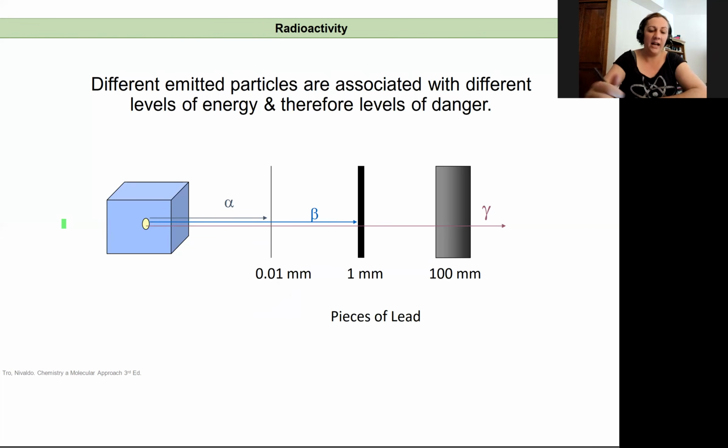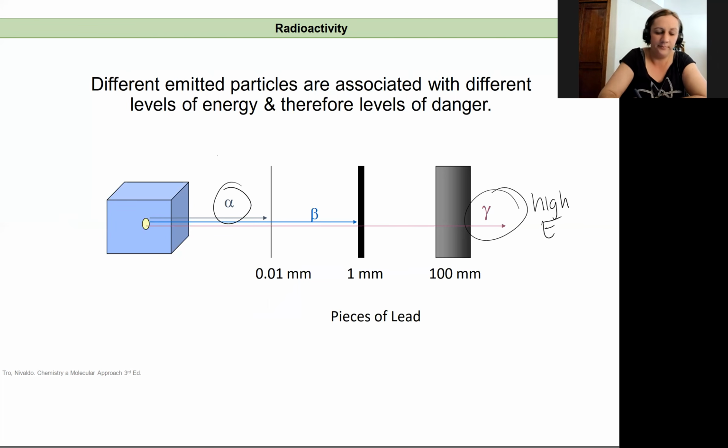The higher the energy, so like these particles right here, gamma ones, the more penetrating power it has. And this is just comparing pieces of lead, right? So the higher the energy of the radioactive particle, the more lead it will actually be able to penetrate through, making it more dangerous.